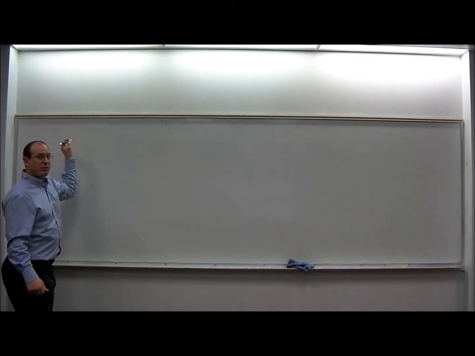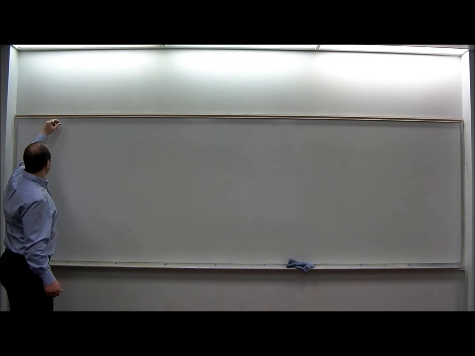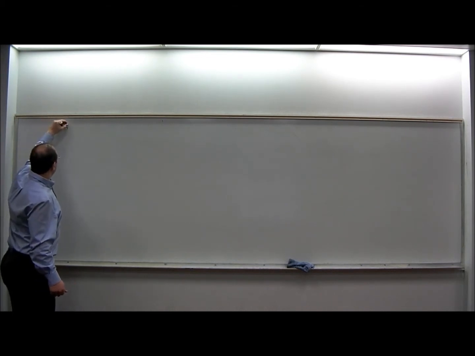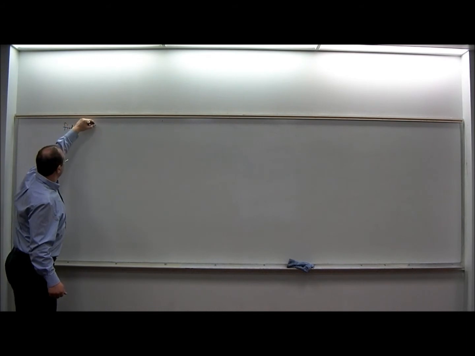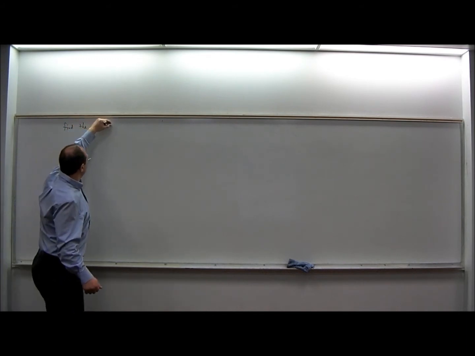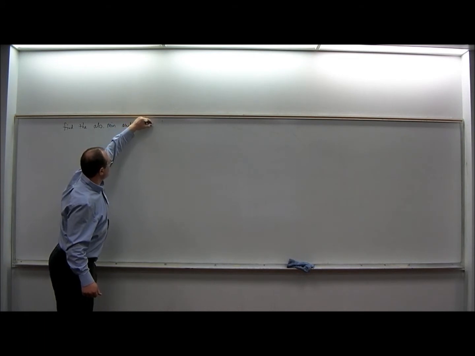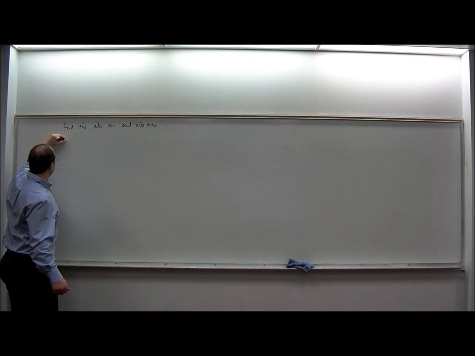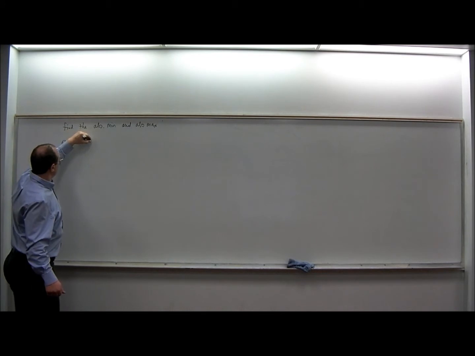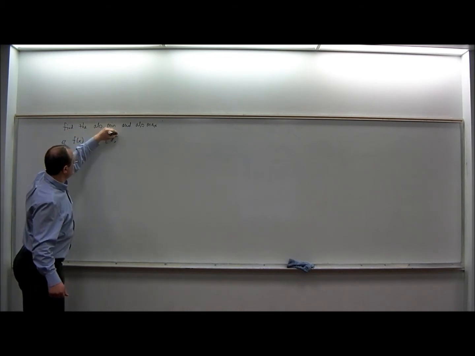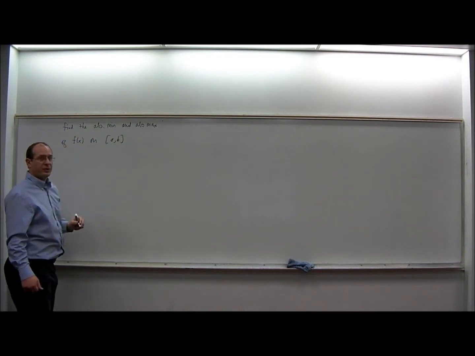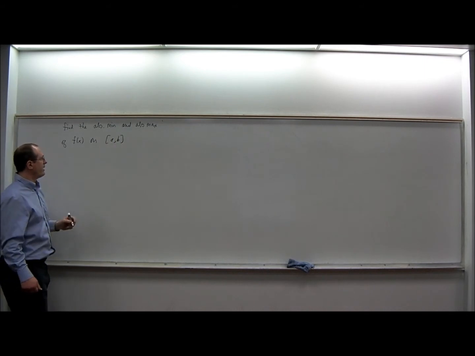So the main problem that we want to solve is to find the absolute minimum and absolute maximum of a given function on a closed interval. So that's the closed interval from a to b.